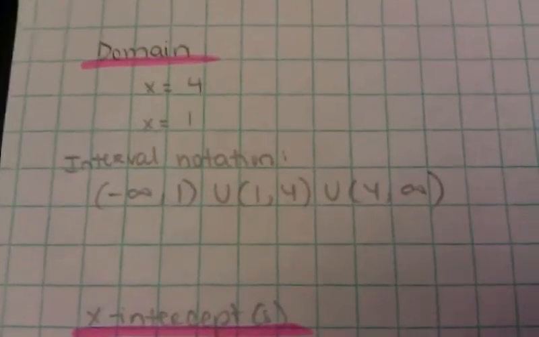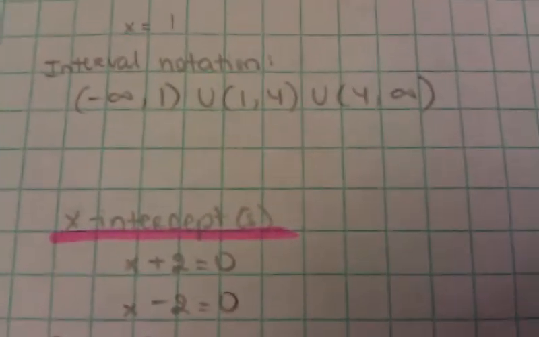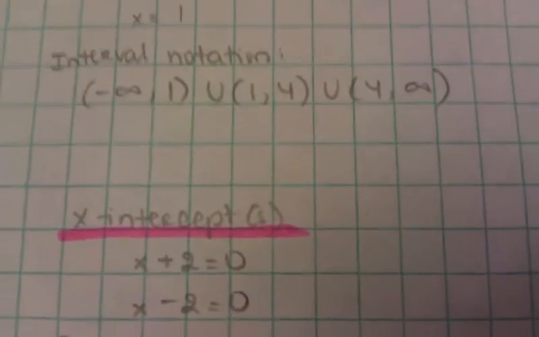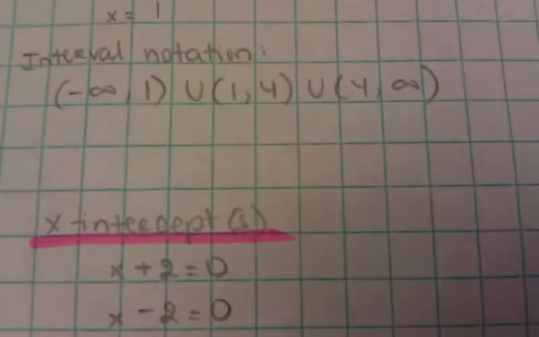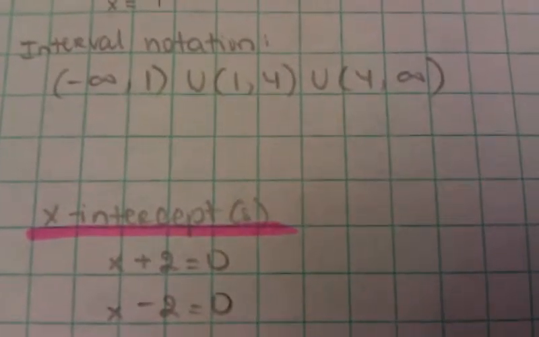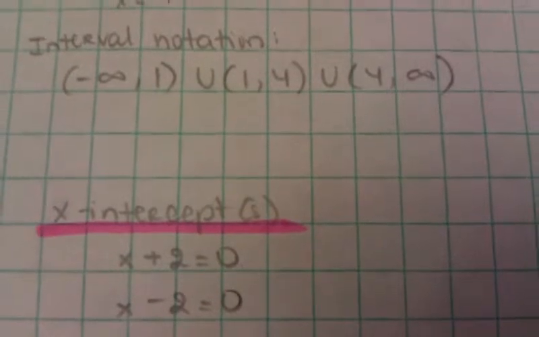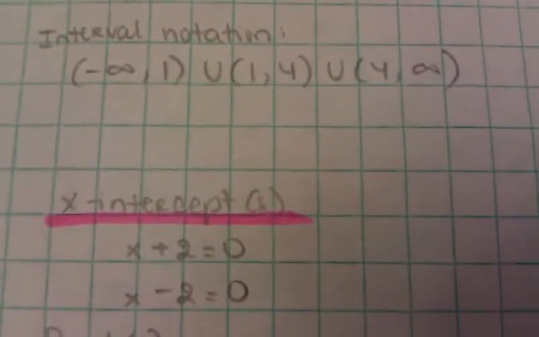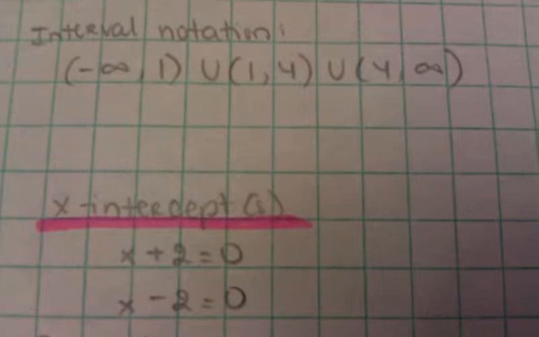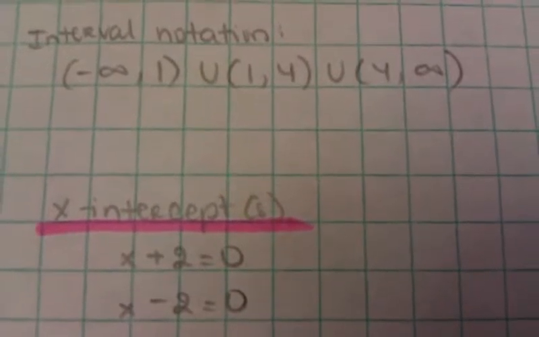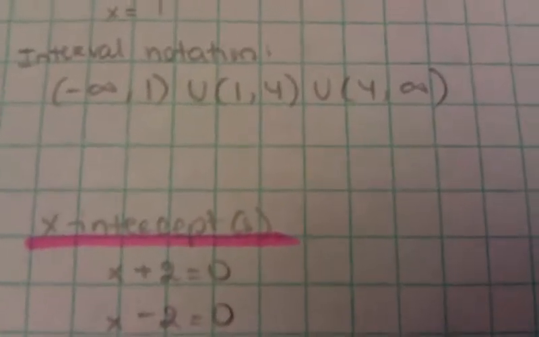To find the x-intercept, we will set the top equal to 0. This is the shortcut way. You can use the long way by multiplying the denominator on both sides, but then f of x will be equal to 0, so any number multiplied with 0 will be 0, so use the shortcut way.